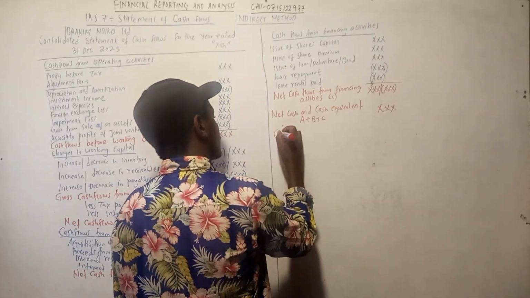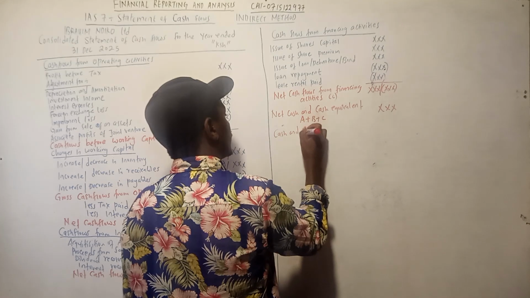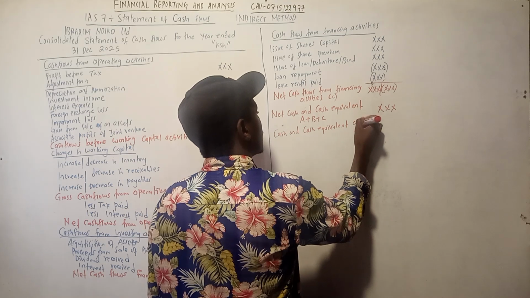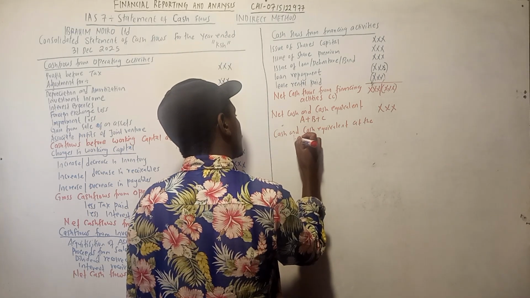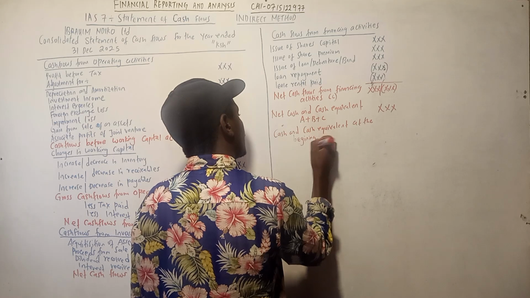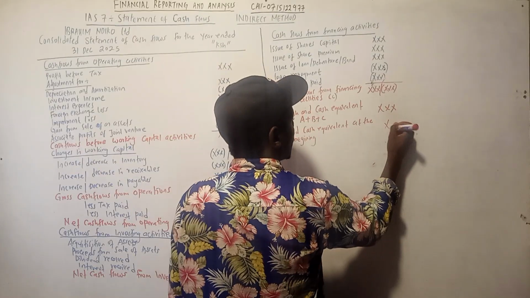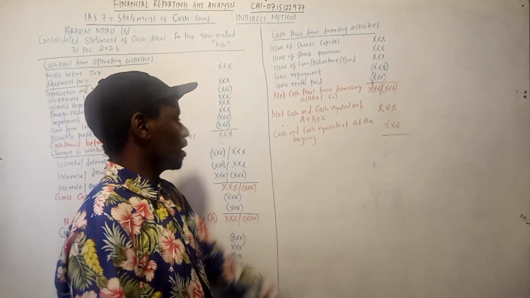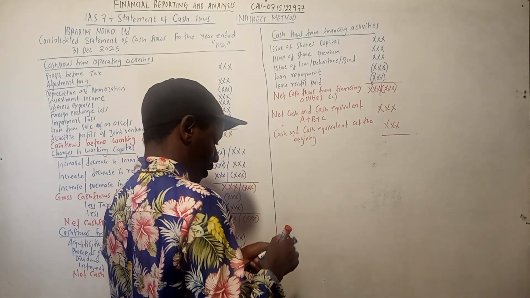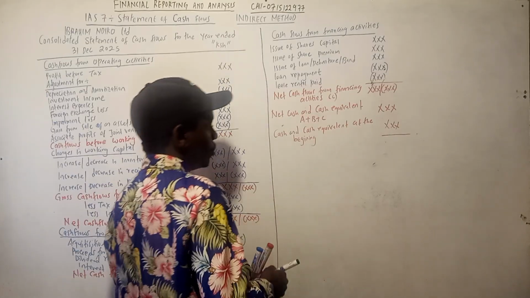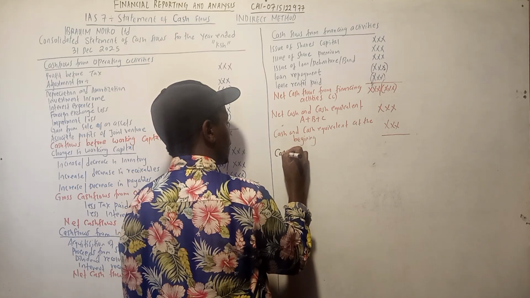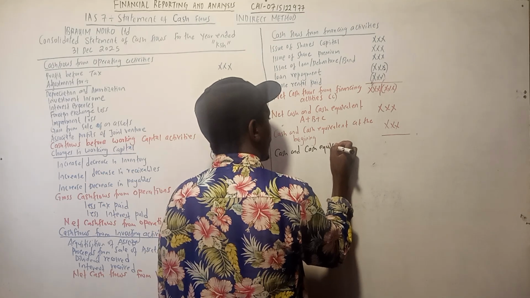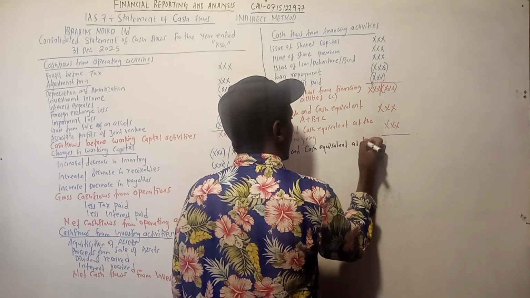Then we start with the cash and the cash equivalent at the beginning. When you take the net cash and cash equivalent and add the cash and cash equivalent at the beginning, you shall get the cash and cash equivalent at the end.